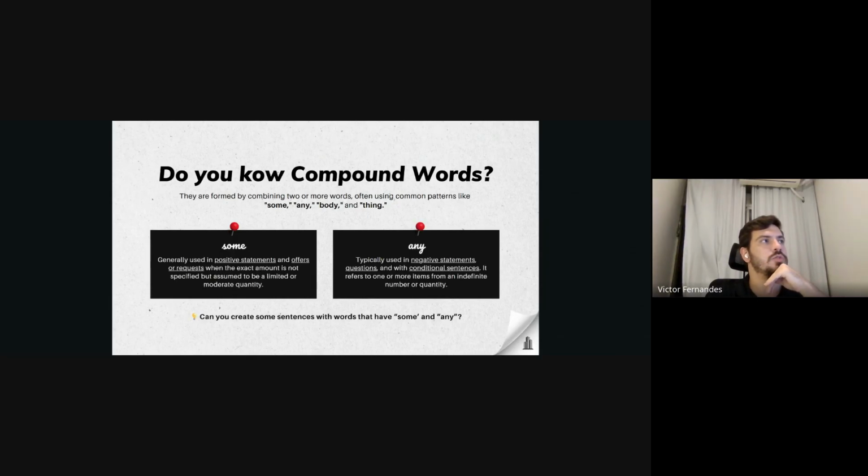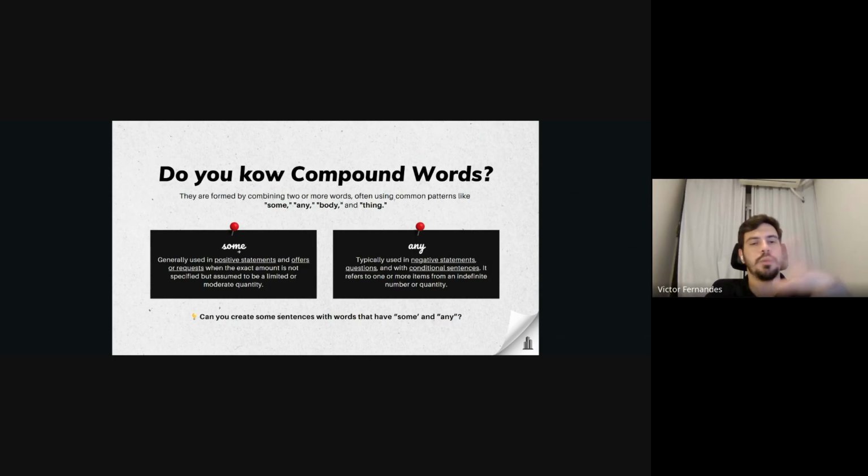We're now going to dive into compound words. In this one, we have the groups of some and any. I'm pretty sure that you have heard the songs "I Want to Dance with Somebody" or "Somebody That I Used to Know." This is the moment when those songs make sense, because here we are looking at some and any.